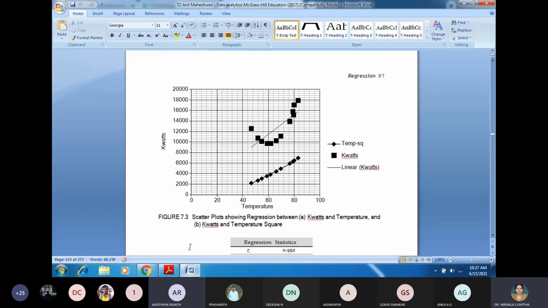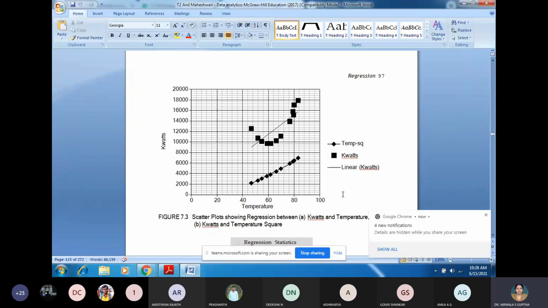Okay, fine. So now comparing this scatter plot, which shows the energy consumption has a stronger linear relationship with respect to the temperature, we need to compute the regression model by adding one more variable, the temperature square variable, to the existing model we generated and plotted as a scatter plot.